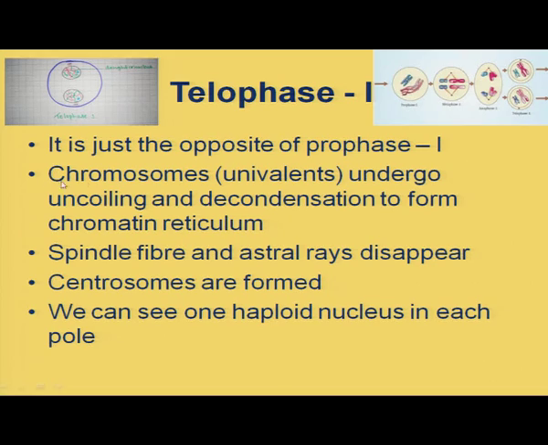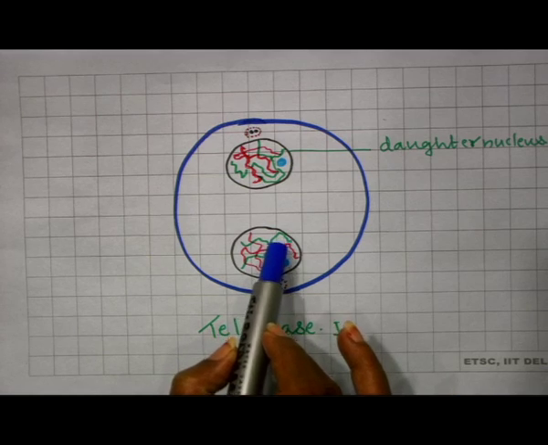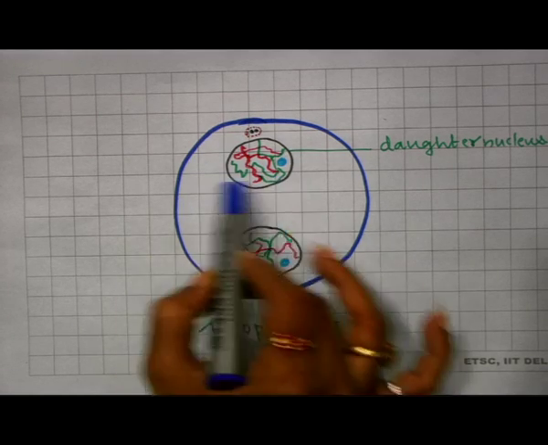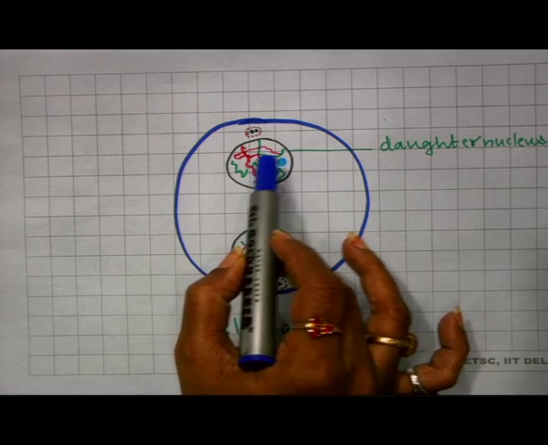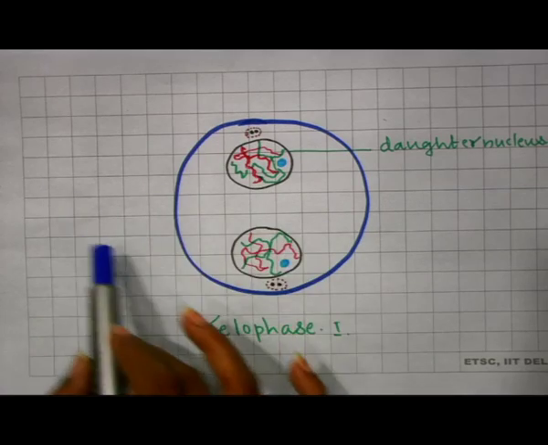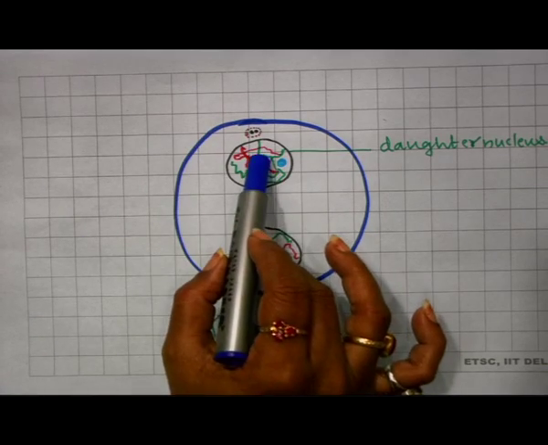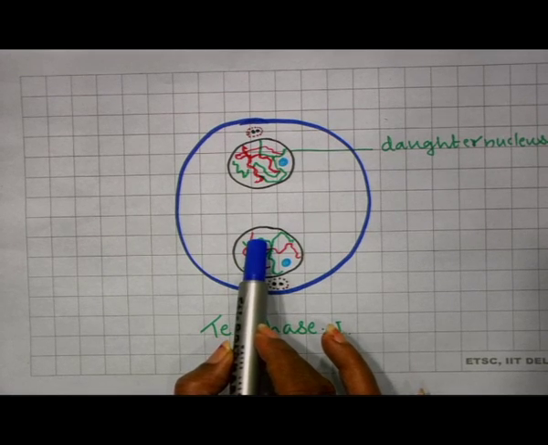See, chromosomes, that means hereafter we will say univalents, undergo uncoiling, not coiling, uncoiling and decondensation to form chromatin reticulum. See this particular diagram here, each of these univalents undergoes uncoiling and after that decondensation, so that they form the chromatin reticulum.